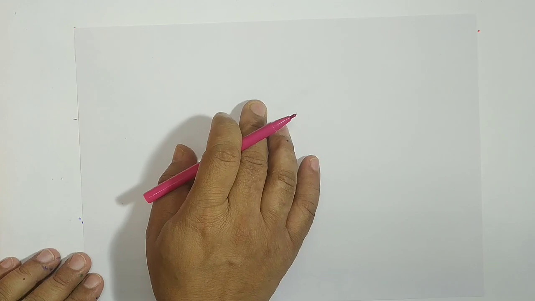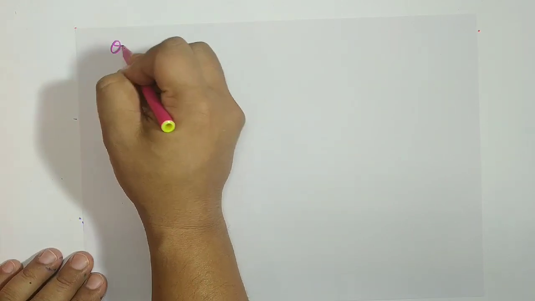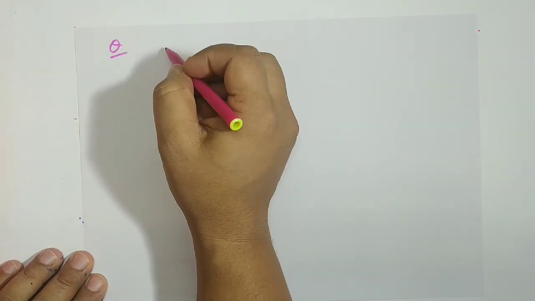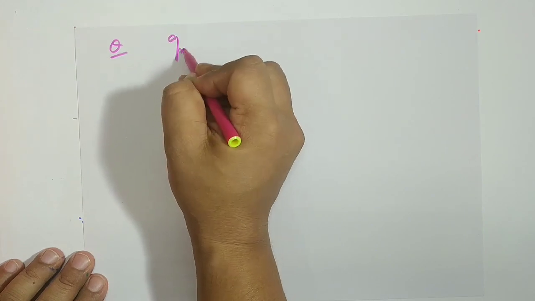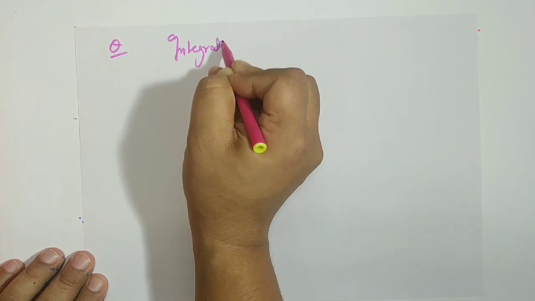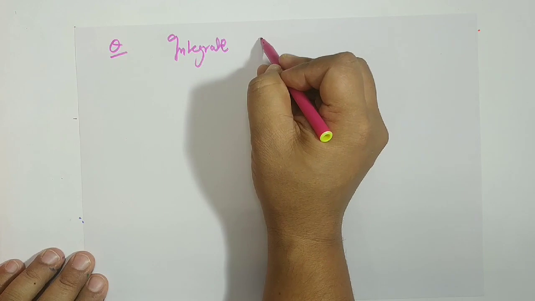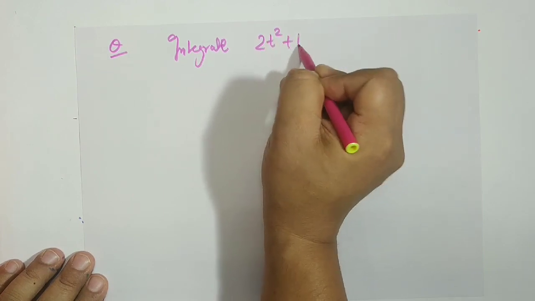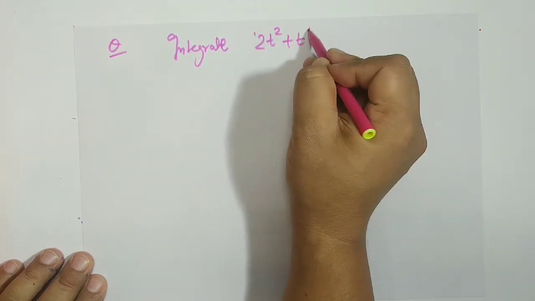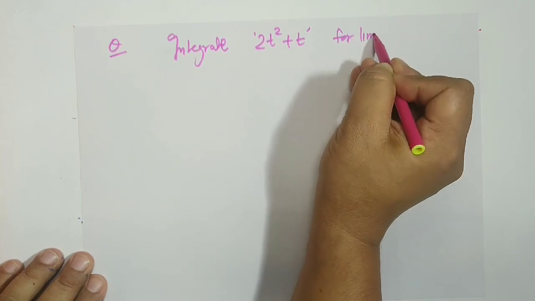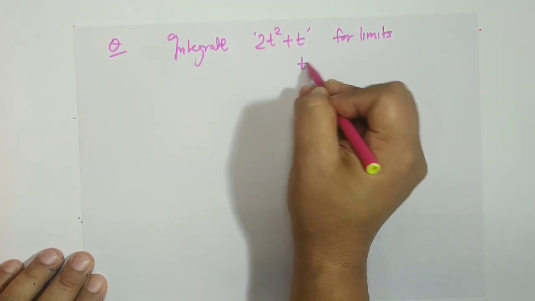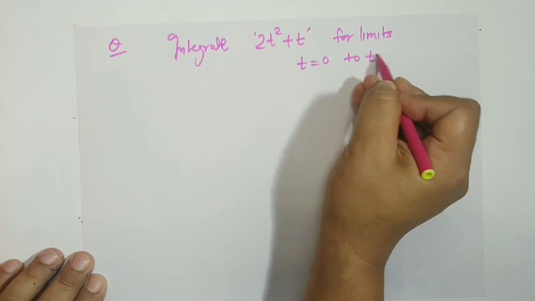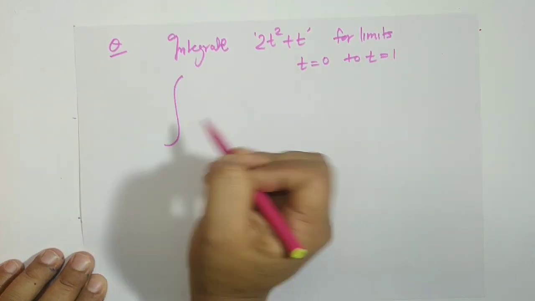Again I am repeating, there is a question. I am going to integrate 2t square plus t, for limits t equal to 0 to t equal to 1. Now what we know is this is the integral sign.